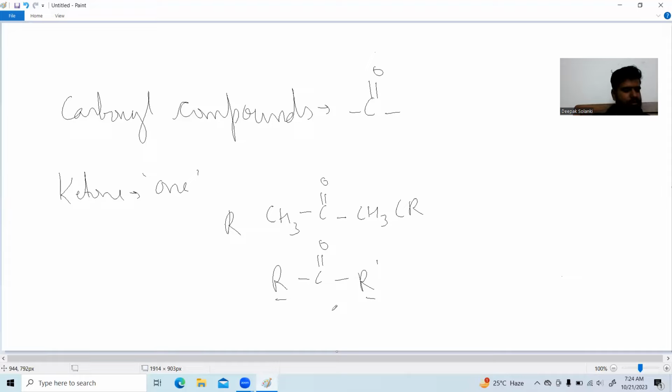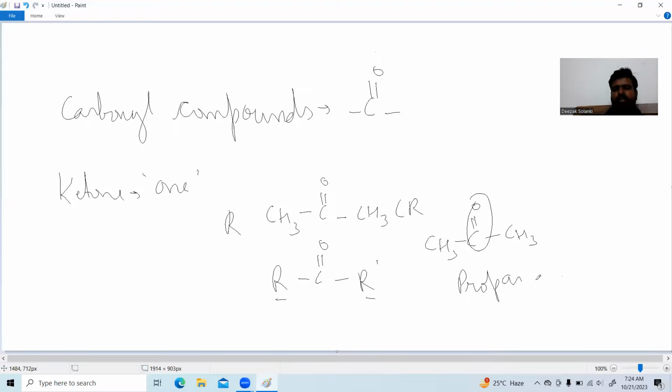Take an example. We can take one example. CH3 C double bond O CH3. We can say how many carbons are there. Prop. This is a functional group, carbonyl group.